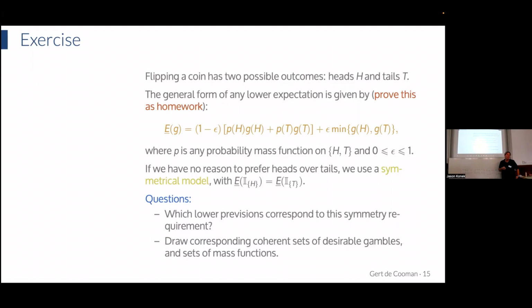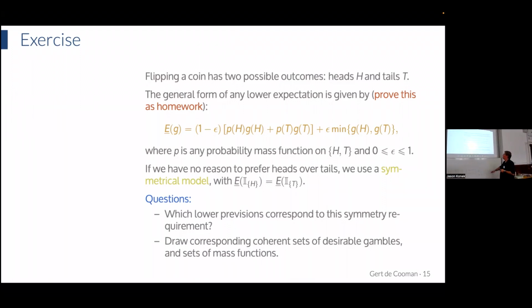I'm going to assume now that we have no reason to prefer heads over tails. So I'm going to use a symmetrical model where the lower probability of heads is equal to the lower probability of tails. So there's symmetry between heads and tails: the lower expectation for heads and the lower expectation for tails should be the same.